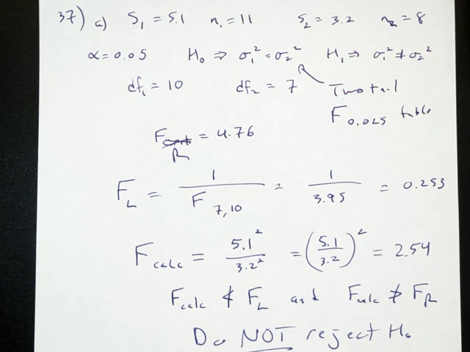Now, I'm looking at this and I'm going, sure, right. How am I supposed to know? Well, if I'm in Excel, I'm going to go and look at my data. Go back, data analysis.